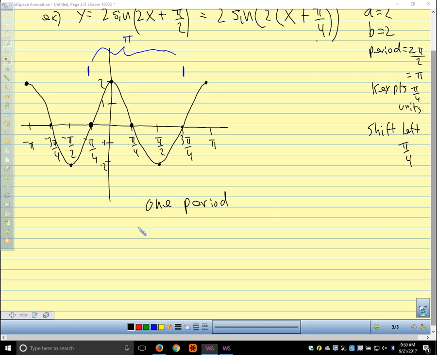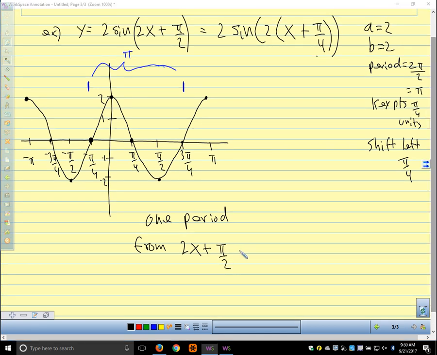We get one period from 2x plus pi over 2, this quantity here, equals 0 to 2x plus pi over 2 equals 2 pi. Just like we talked about when we figured out how the b value changes our period, we know that when the angle, this whole thing, goes from 0 to 2 pi, our sine function is going one time around the unit circle, we're going to repeat.